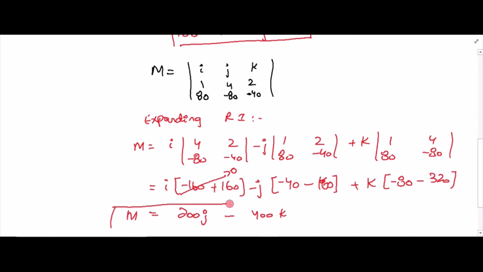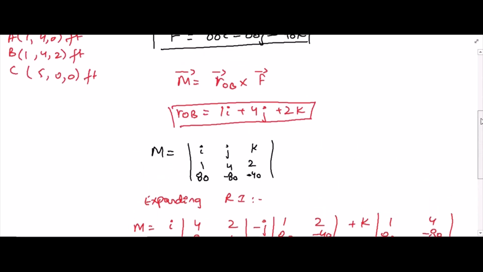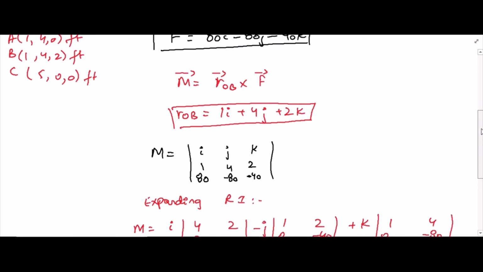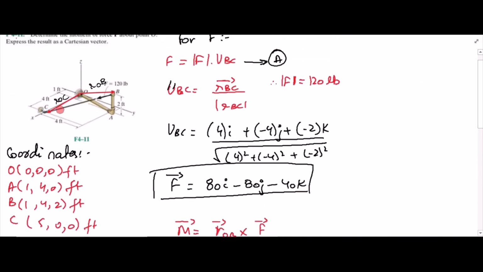This is the moment produced by the force F if we consider the moment arm R_OB, and if we consider the moment arm R_OC, the answer would be the same.